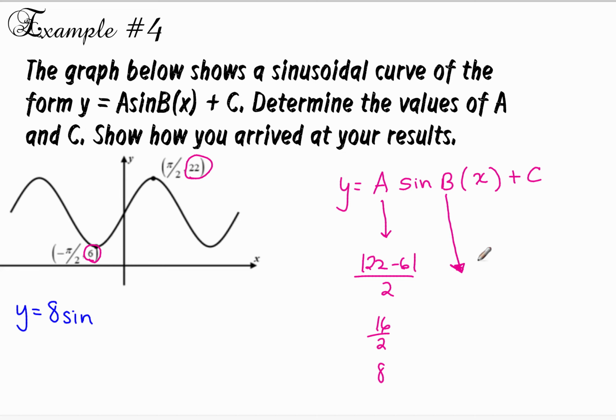Frequency. How many waves do you see in 180 degrees? Oh, sorry. How many waves do you see in 360 degrees, or 2 pi? All right, so I'm going to have to come over here and do some thinking.